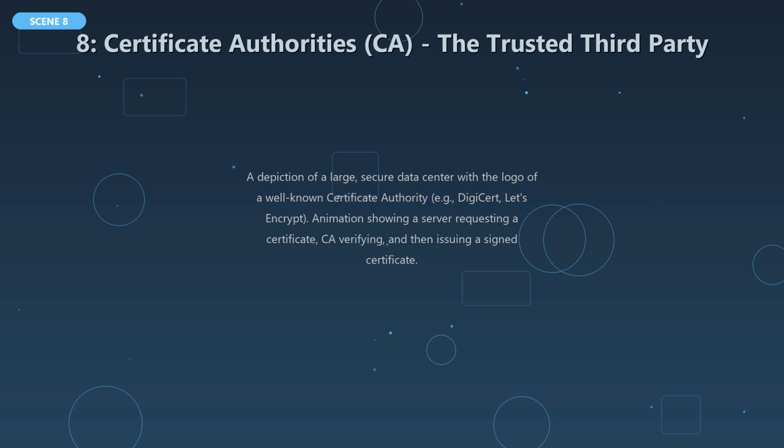Your browser and operating system maintain a built-in trust store, which is a list of pre-installed, trusted root CA certificates. If a website certificate can be validated back to one of these trusted roots, your browser shows that reassuring padlock icon. Popular CAs include companies like DigiCert, Sectigo, GlobalSign, and even the nonprofit Let's Encrypt, which provides free certificates, making HTTPS more accessible for everyone.